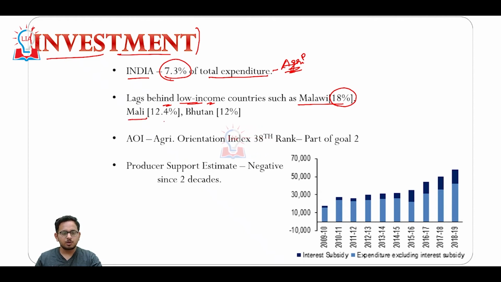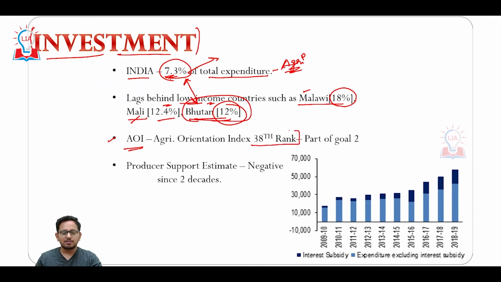Mali, which spends 12.4%. Bhutan, which spends around 12%. If you are not able to remember Malawi and Mali, I would recommend you to remember India's contribution and also Bhutan's expenditure, so that you will be able to write this and support the argument that India's investment in agriculture is not optimum.